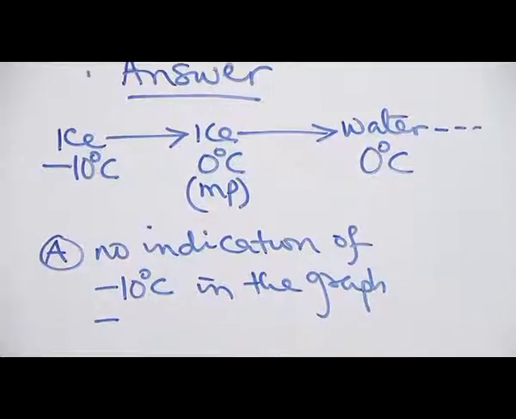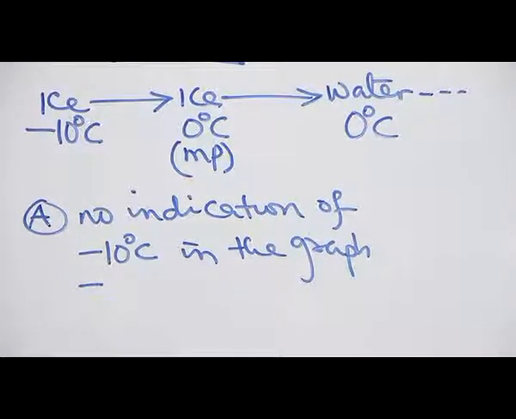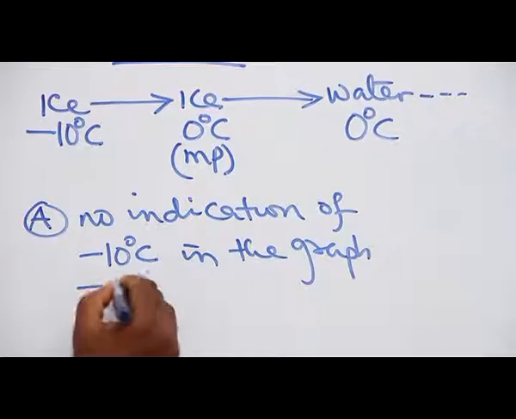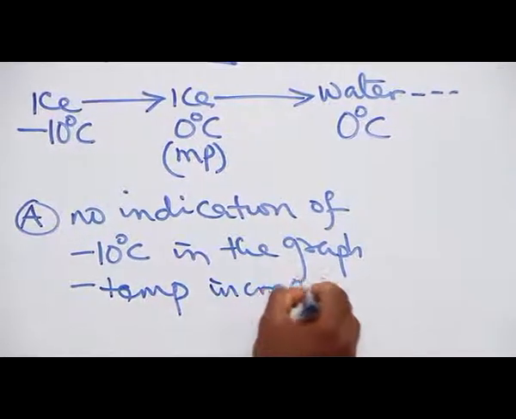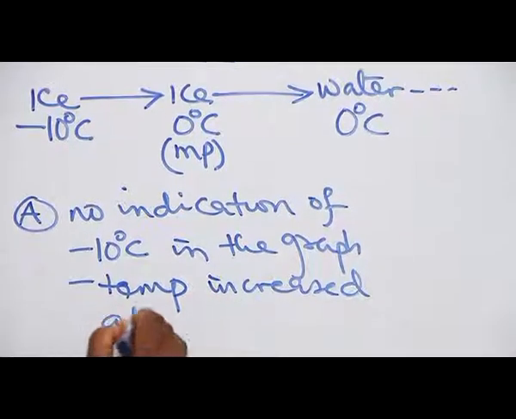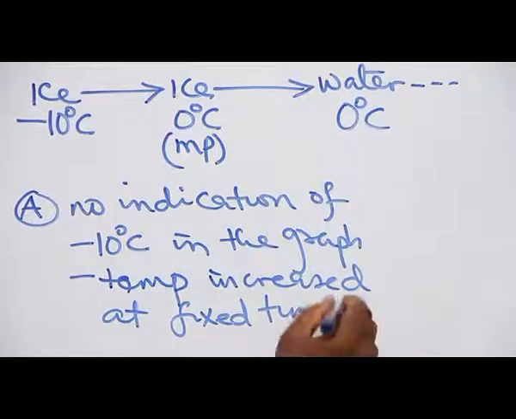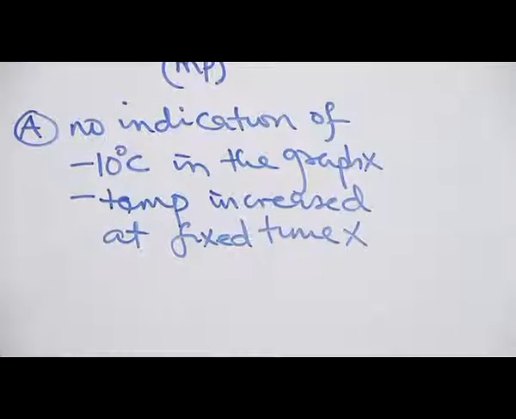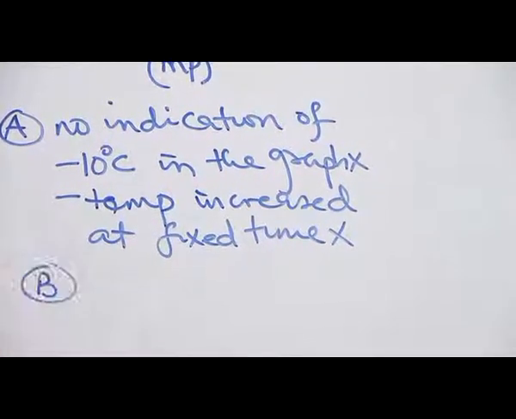The second reason why graph A is wrong is that at a point the temperature was increasing at a fixed time, which is not possible. Temperature increased at fixed time. Is wrong. So option A is wrong. So let's take option B.